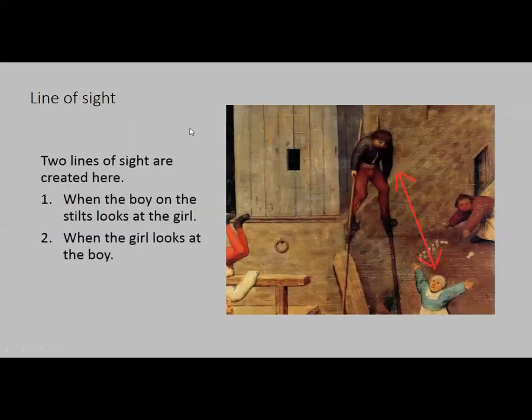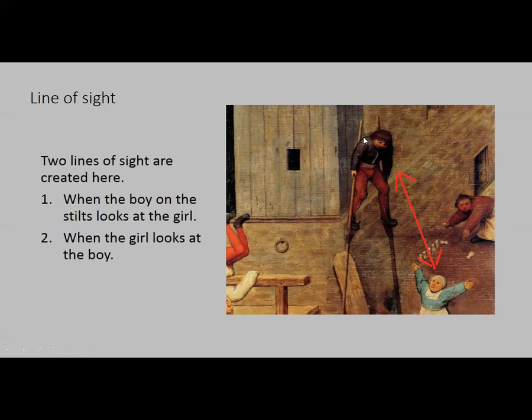So always in line of sight, someone in the painting or something like a stuffed doll, for example, is looking at someone else in the painting. The boy on the stilts is looking at the girl below him. The girl below him is looking at the boy. So they're creating lines of sight toward each other. Now they're also creating implied lines.